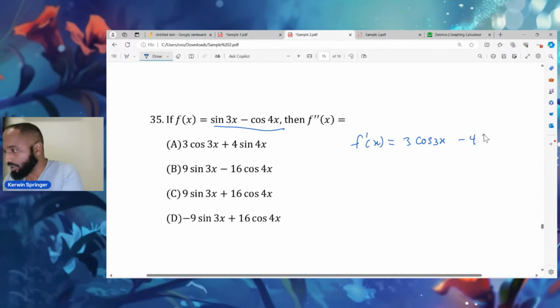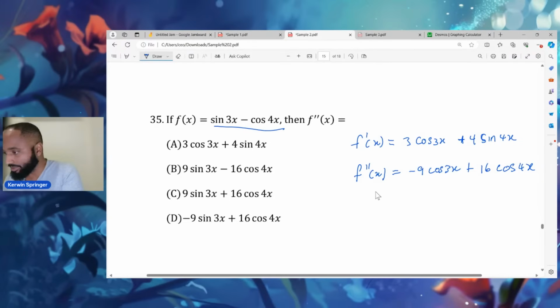Minus cos 4x will change to positive because it switches the sign when you're differentiating, right? And when you go down, the sign will switch again. This will be negative 9 sine 3x. This one will remain, so you'll get 4 by 4 is 16, and it goes to cos 4x.